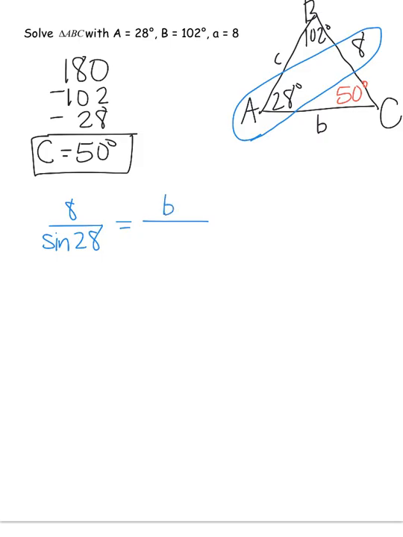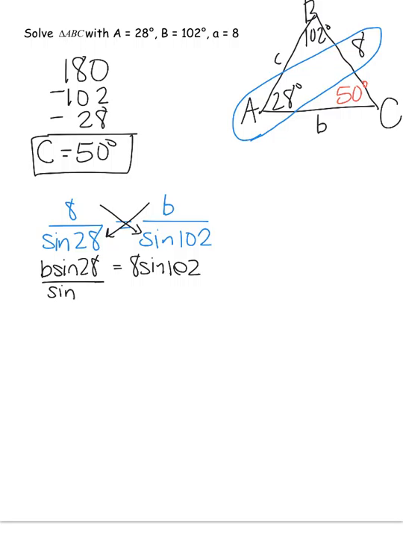Let's look for b by using the sine of 102. So we cross multiply. b times sine 28 equals 8 times sine 102. And we divide by the sine of 28 because we want to get b by itself.